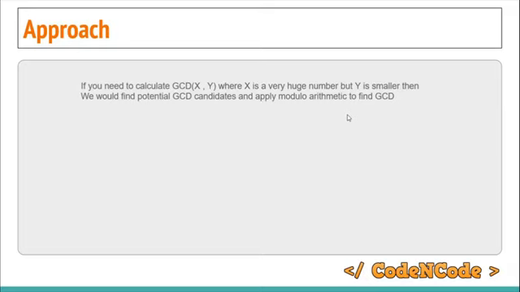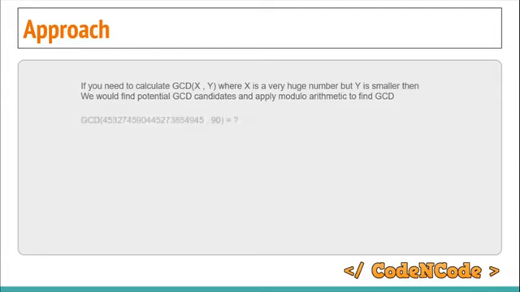Now see what is the difference. Usually we would use the Euclidean algorithm to calculate GCD, but in this case we first find the potential candidates for GCD, and then use modular arithmetic instead of the Euclidean algorithm.